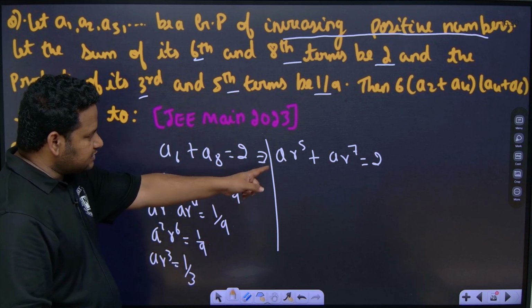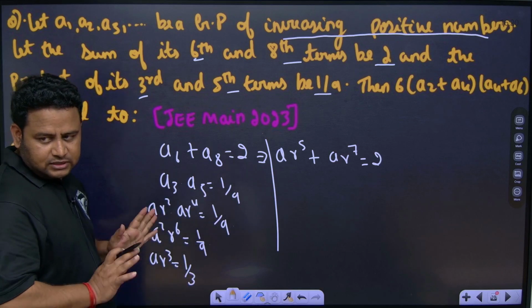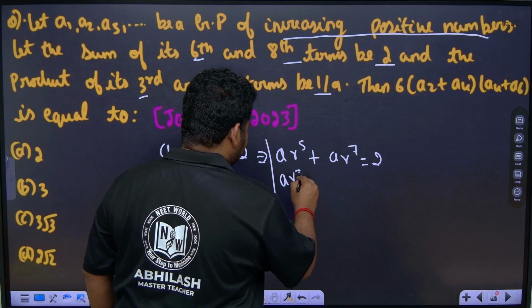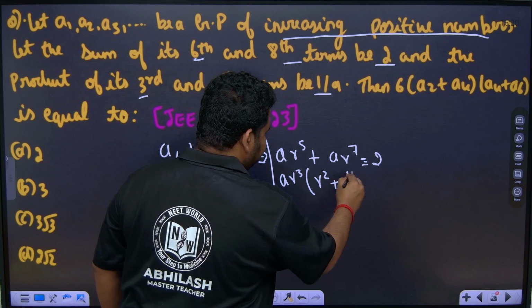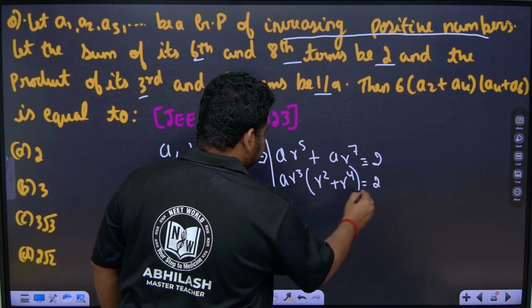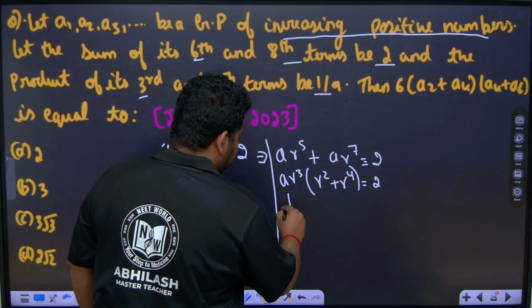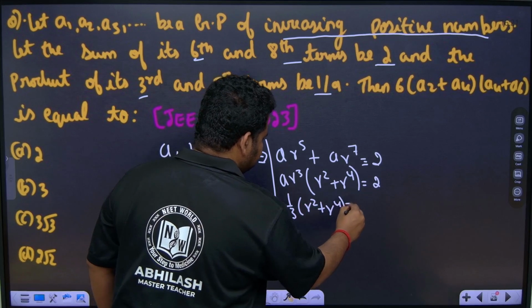I will try to take A R cube common here also, so that I can use this value. If I take A R cube common, what I will get here is R square plus R to the power of 4 is equal to 2. A R cube is nothing but 1 by 3. So 1 by 3 into R square plus R to the power of 4 is equal to 2.